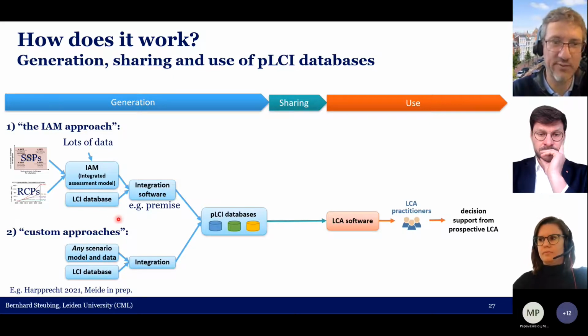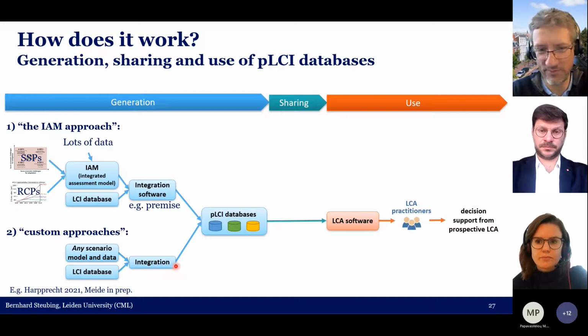They claim to have a certain level of consistency, but they're also broad and aggregated in many respects. So in some cases, for example, in these studies by Harprecht and Meide, we looked at specific metal supply chains. We actually used some IAM data in there, but we also used lots of other data to make these scenarios, with the intention to make the scenarios as good as possible.